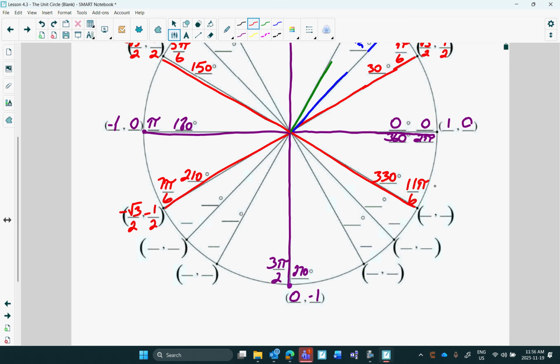And what's the point? It's the same values except the y is negative. So that's the 30 degree family, or we call it the pi over 6 family.